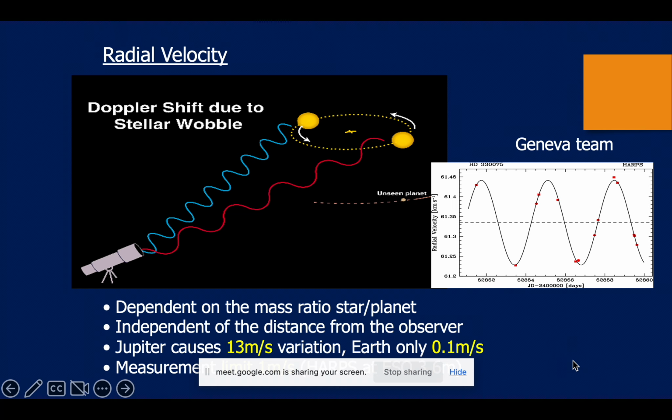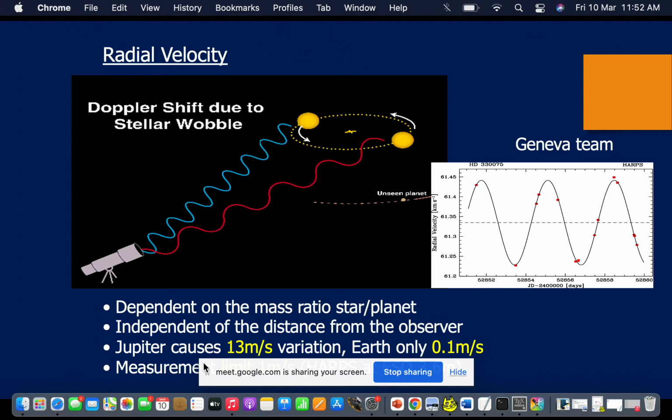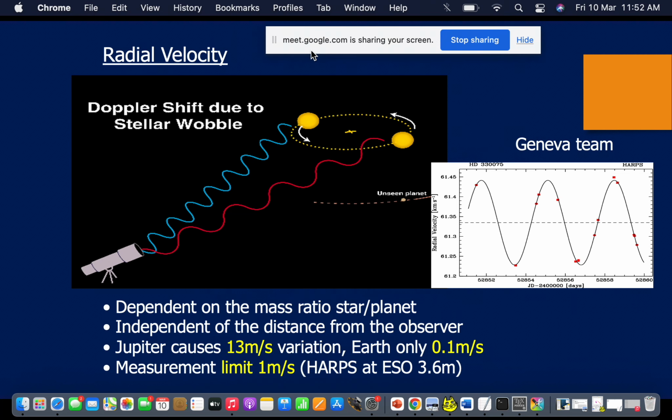Now, this was a method which was used by the Geneva team. In this case, you can actually measure, for example, Jupiter. If you were to observe our solar system from a distance, Jupiter would cause a difference in velocities of about 13 meters per second. Earth causes a very small difference in velocity, only 0.1 meters per second.